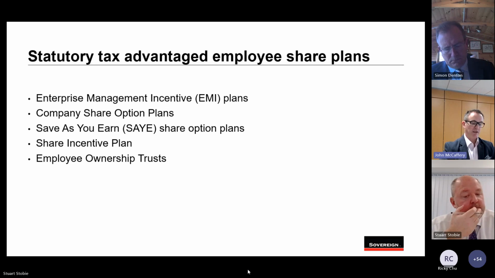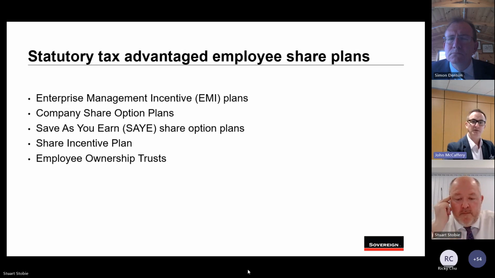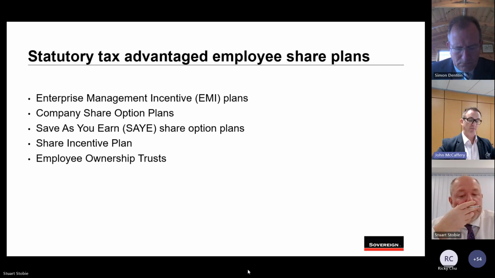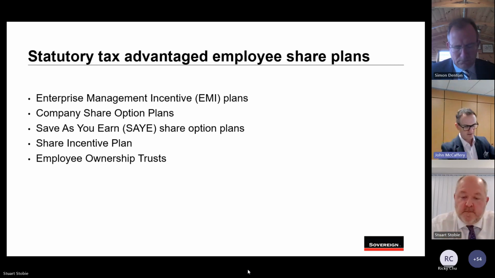Now, your key is that you have to get a valuation on the business, because of the obvious tax advantage, the revenue are not going to allow you to have vast amounts of funds taken out of this business in a tax-free manner if that business is not worth that amount. So you have to set your value. Now, essentially, you set up a trust with a certain company structure and nominee arrangement and that kind of thing, and the individuals sell their shares to the trust.